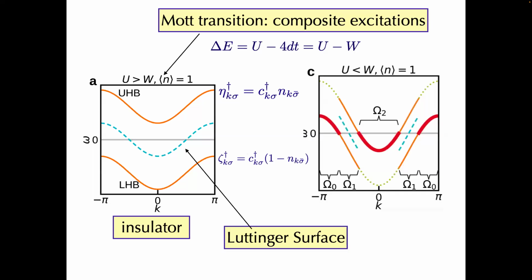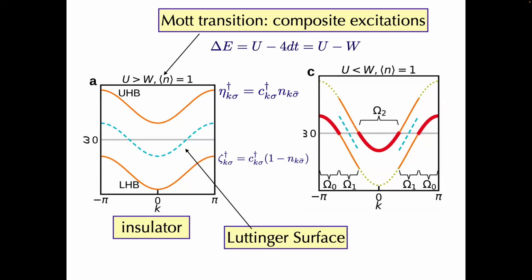Okay? Now, if you were to still stay at n equals 1, but U less than W, this band would drop below the chemical potential. And what you would have is this situation in which you have empty states, doubly occupied, which is the standard thing in a Fermi liquid, a singly occupied part, and it's only over the momentum where you have single occupancy that the Luttinger surface will live now, and a completely empty part of the spectrum.